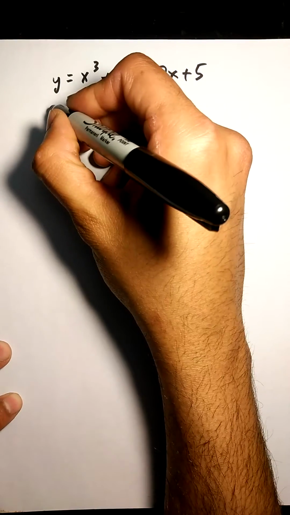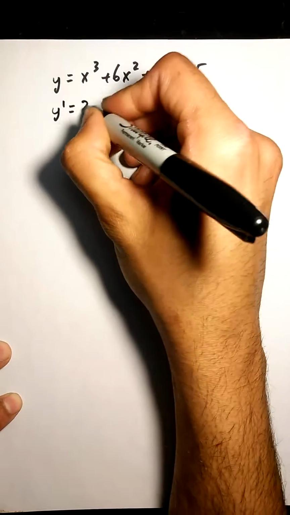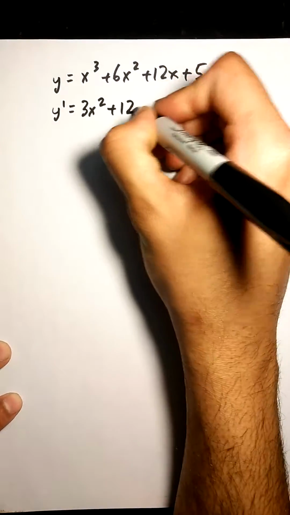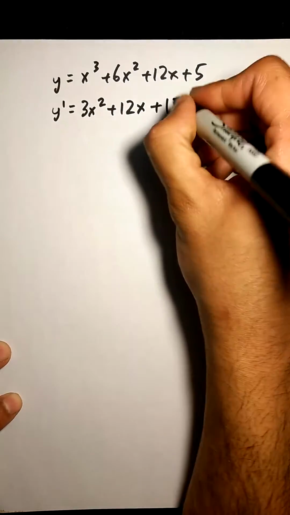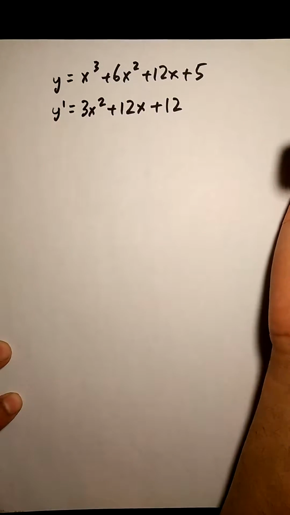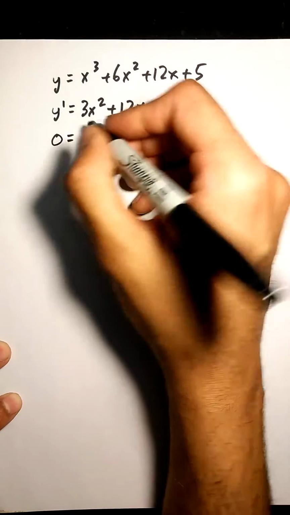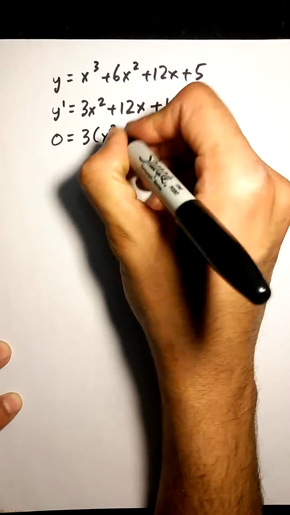Okay, so the first thing we want to do here is derive this equation. So y prime is, next we want to make it equal to 0 and factor it so we can find the stationary points.